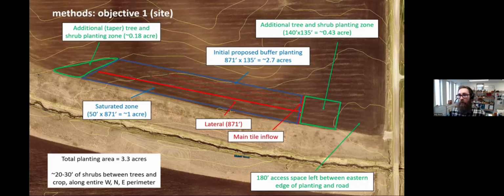We've got about 4 rows of trees in the saturated zone and 11 rows of trees and a mixture of native shrubs in the non-saturated zone, which could lead to some neat numbers in the future about which trees are performing better, saturated zone trees or the non-saturated zone trees.